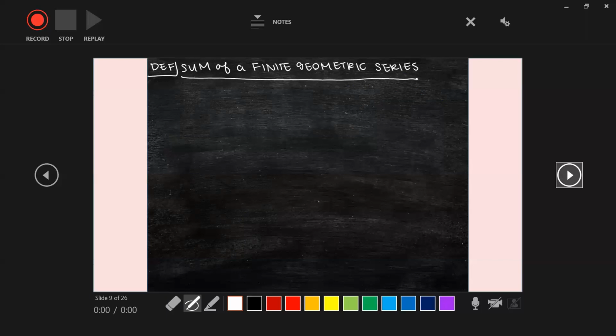So the sum of a finite geometric series is S sub n equal to a sub 1 times 1 minus r raised to the n, all over 1 minus r. The things you're going to need to find whenever you're using this are a sub 1, a sub n, and r.